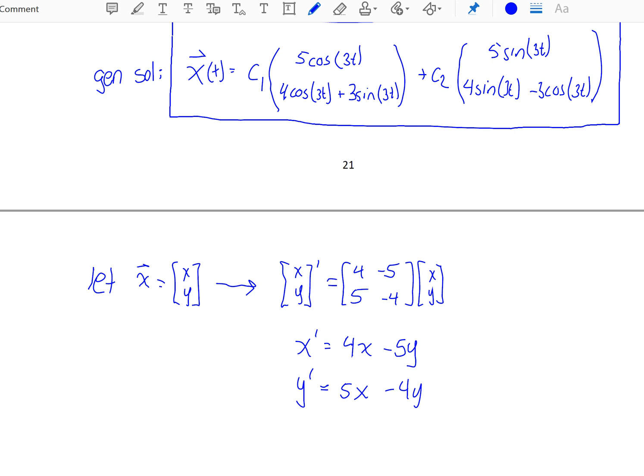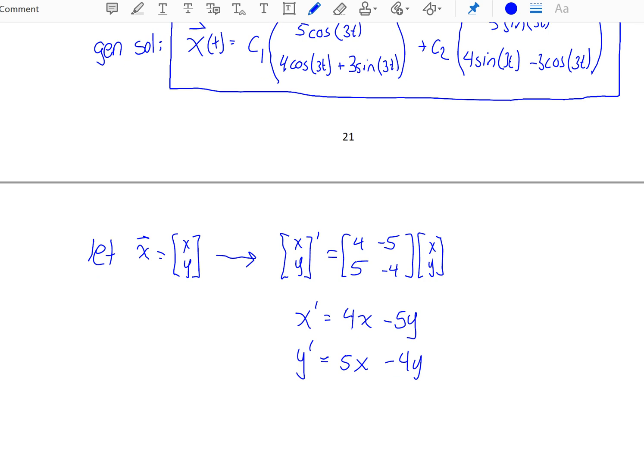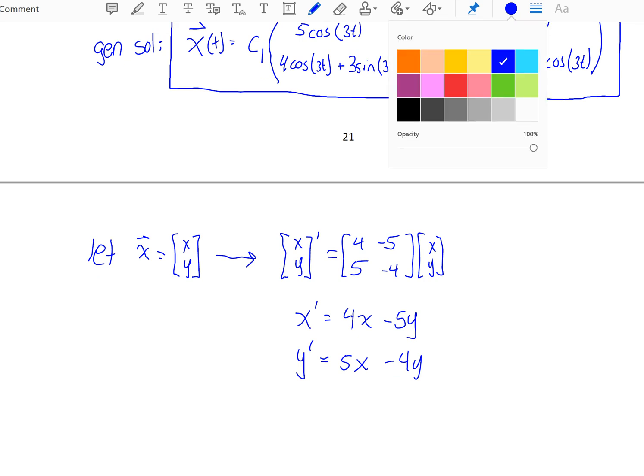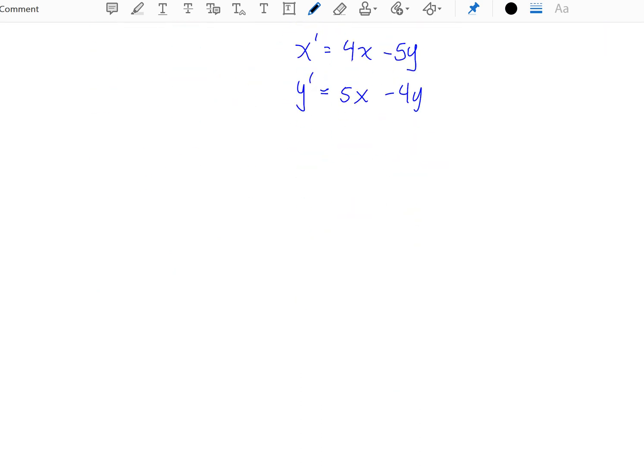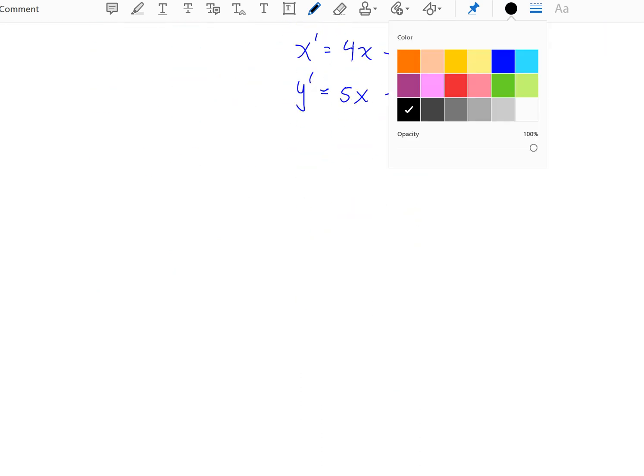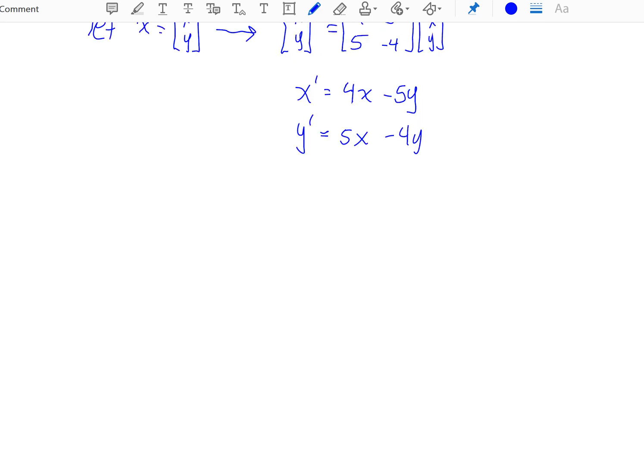Okay, I hope you paused your video and looked for these nullclines on your own. Let's see if we agree. So let's start by finding our vertical nullcline first.